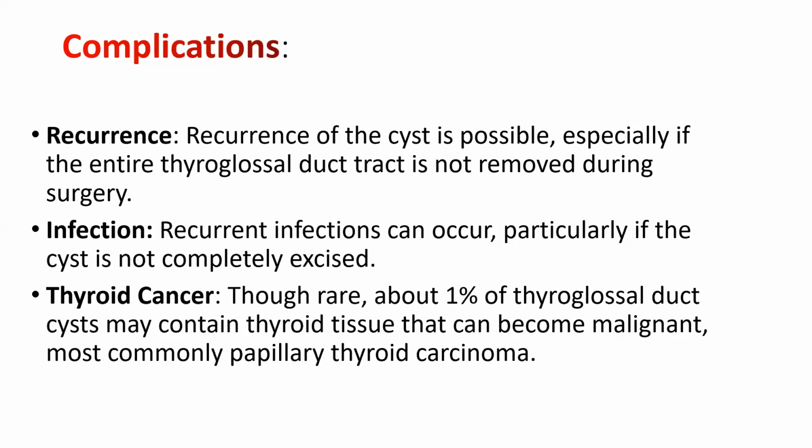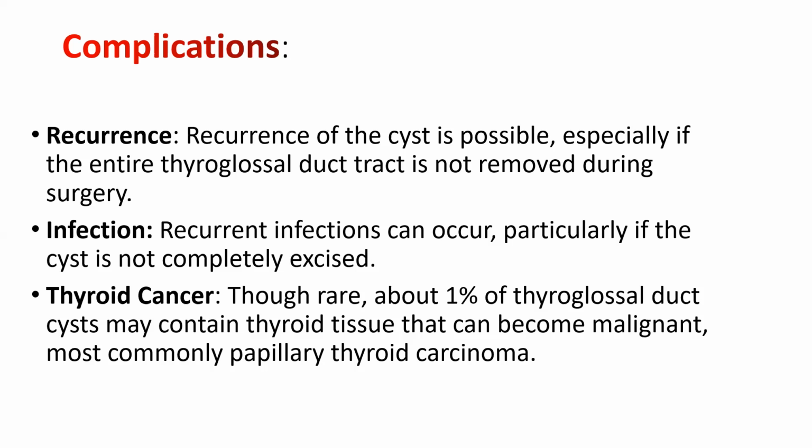So complications: the most common complication is recurrence of the cyst, especially if the entire thyroglossal duct tract has not been removed. Then infections: recurrent infections can occur, particularly if the cyst is not completely excised. Then thyroid cancer, though rare, constituting about 1% of thyroglossal duct cysts, may contain thyroid tissue that can become malignant, most commonly papillary thyroid carcinoma.